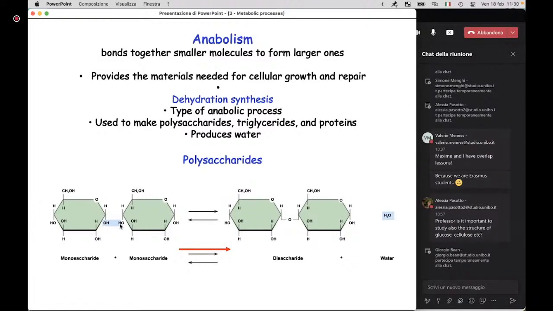And here, as you can see, two alcoholic groups are condensed into something like an ether with the release of water, because here we lose two hydrogens and one oxygen that, of course, produce water. So this can also be thought of as a condensation reaction. When we say condensation, we mean that we have the loss of water.